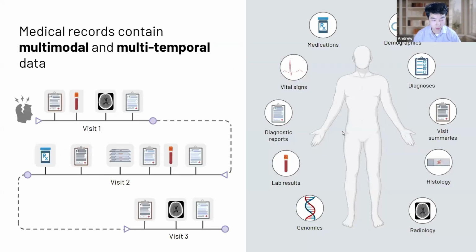Medical records contain multimodal and multitemporal data. And this makes it different from traditional machine learning for health research, where maybe you're only dealing with one data type, such as images or notes or tabular data. And so where did I come from, for example?